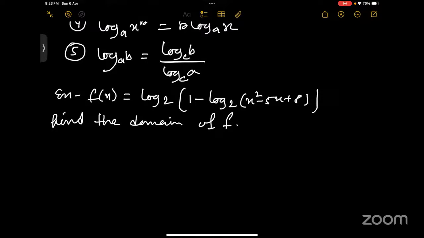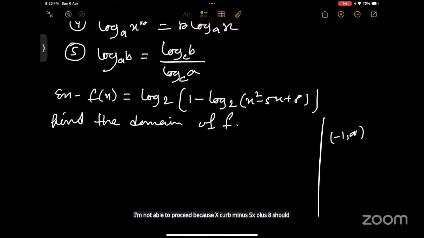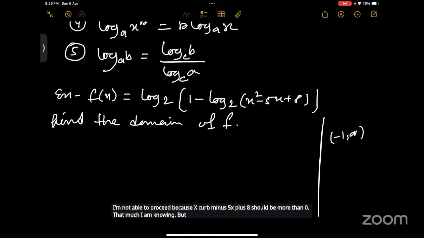I think the domain should be from -1 to infinity, right? Okay. Madam, I'm not able to proceed because x square minus 5x plus 8 should be more than 0. That much I know. But when I'm trying to solve x square minus 5x plus 8 to find the values of x, I'm not able to proceed further, madam.